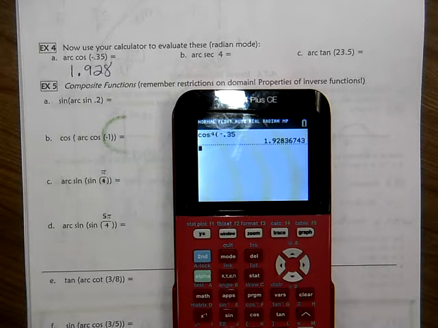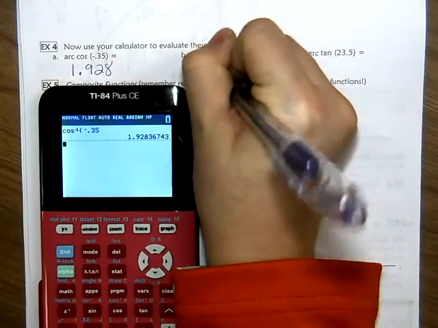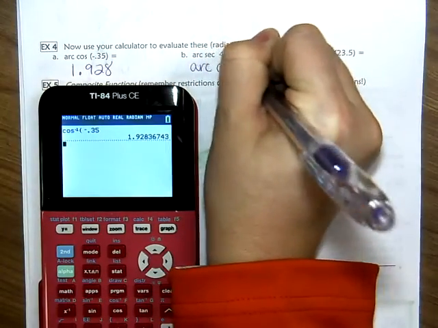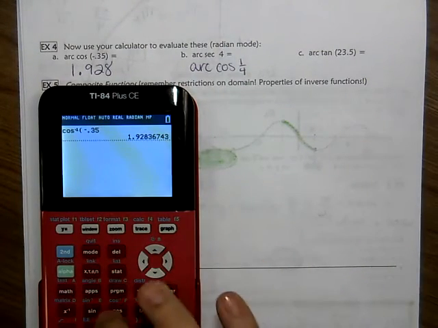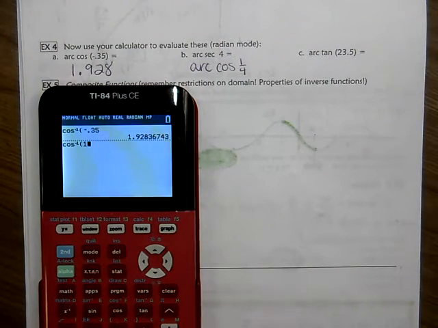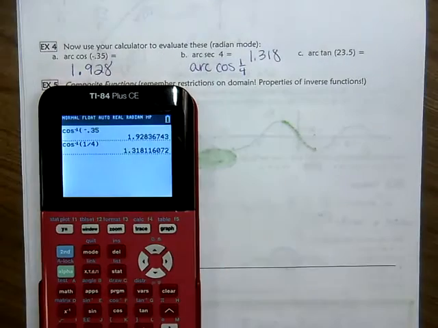Everybody get that? For B, again, it's not a button that we have in the calculator, secant, so we want to change it to the reciprocal. So I have the arc cosine of 1/4. We're going to do second cosine of 1/4, or 0.25. And we get 1.318.